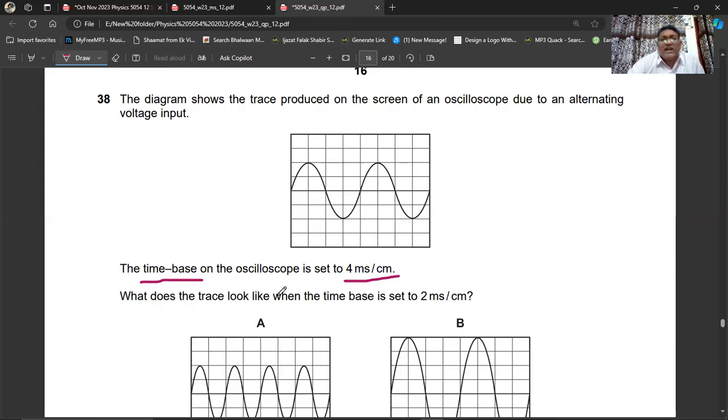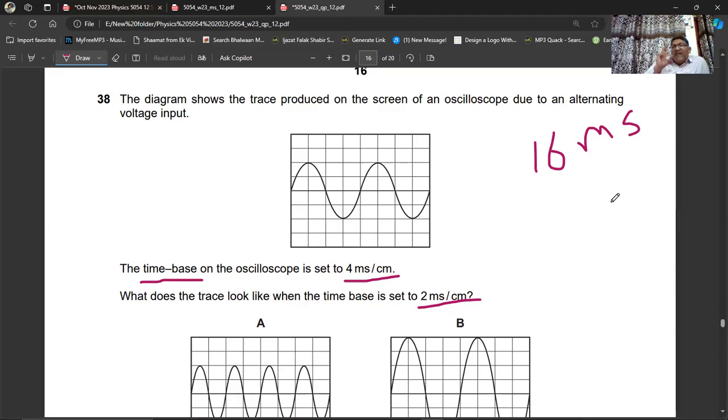What does the trace look like when the time base is set at 2 milliseconds per centimeter? Here you can see the wave is completed in 1, 2, 3, 4 centimeters. 4 multiplied by 4, that is 16 milliseconds. So the time period of this wave is 16 milliseconds.